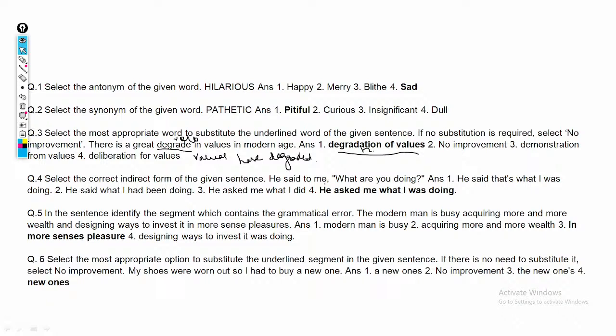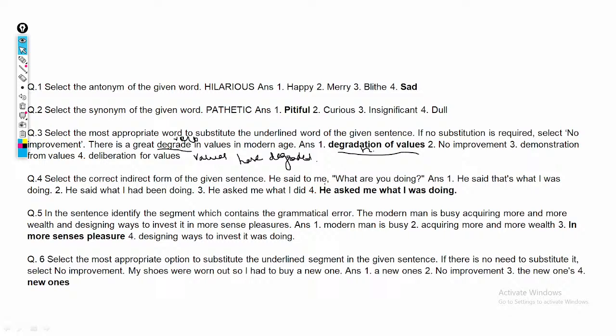So this one says, he said to me, what are you doing? This is a direct speech. So you have to make it indirect and select the correct form. The first is, he said, that's what I was doing. That is absolutely a wrong alternative, because we don't put said, that, what together, right?